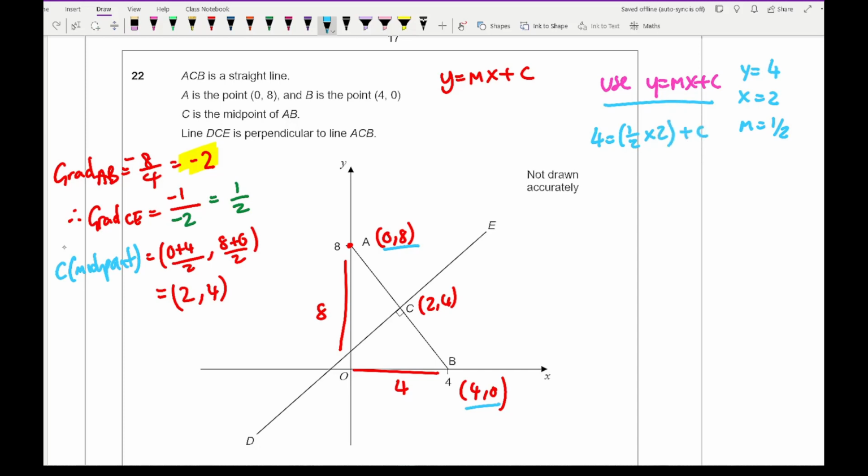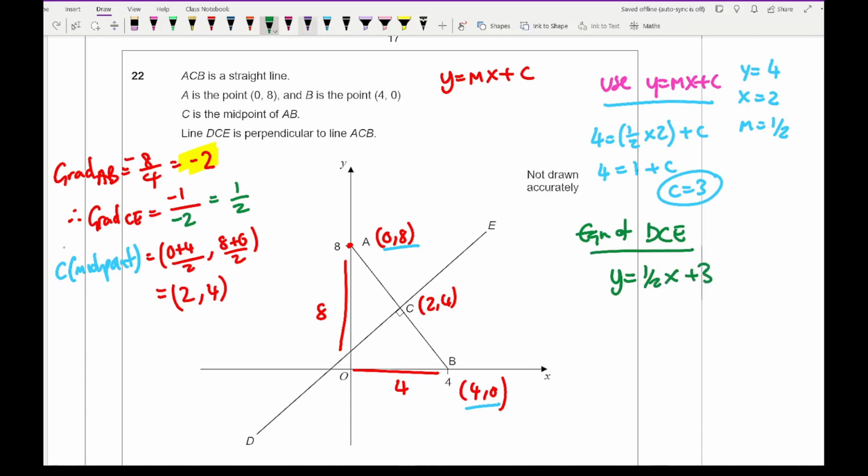So we get 4 equals 1 plus c, so c equals 3. So the equation of DCE is going to be y equals 1/2 x plus 3.